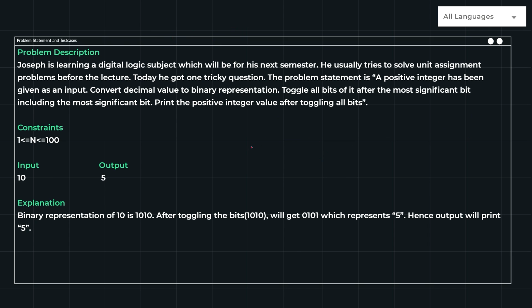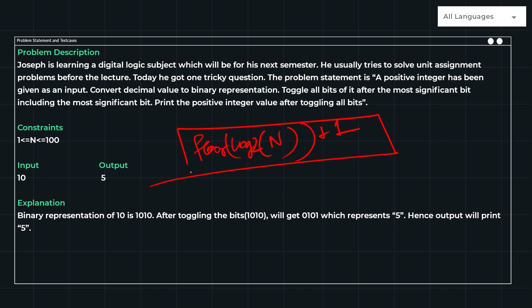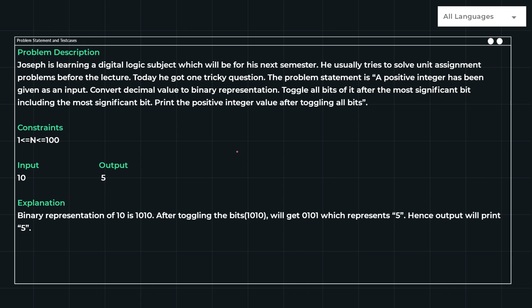So in this way, if you write log base 2 of n, take the floor value of it, and then add 1, you get the length of the number, and then you can just perform XOR happily, and that will give you the solution in O of 1.